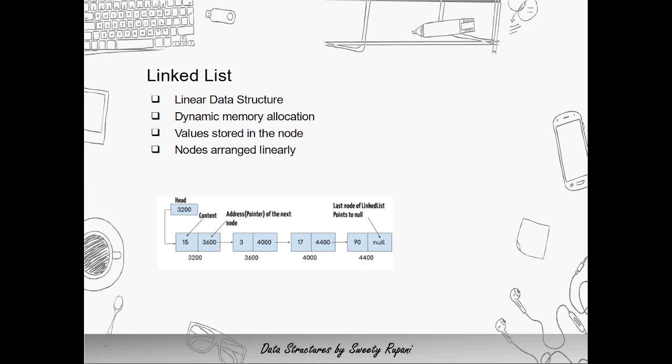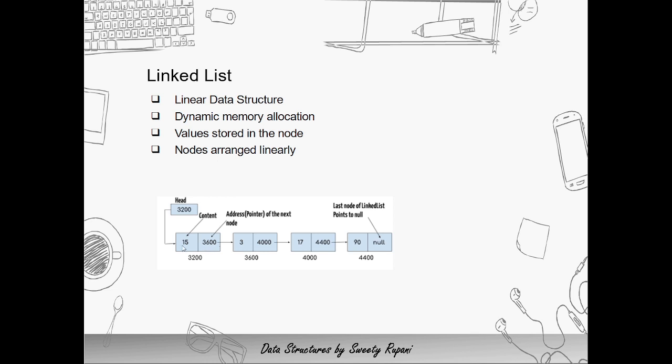Let's have a look at one more linear data structure, which is the linked list. This has totally dynamic memory allocation. You can see over here there is a head which keeps track of who is at the beginning of the list. And here you can see two values. One of these is data, the actual data, and the other is the address of the next node.